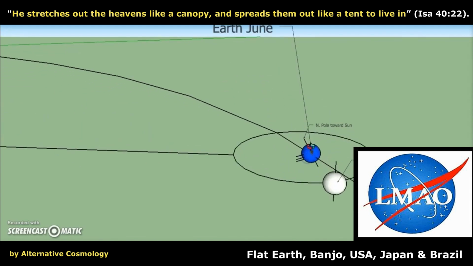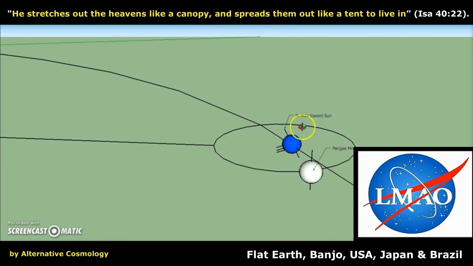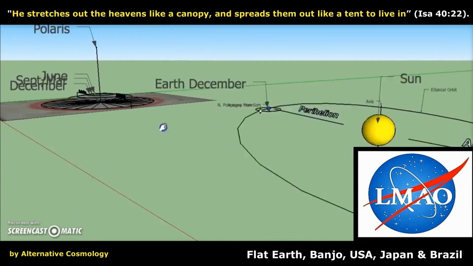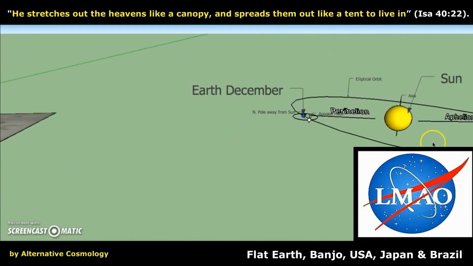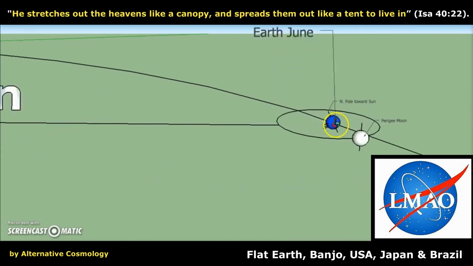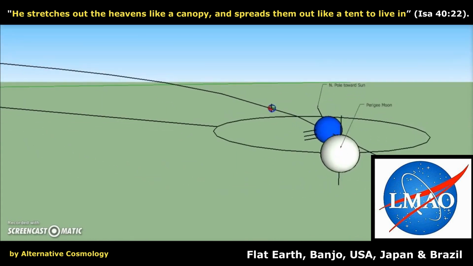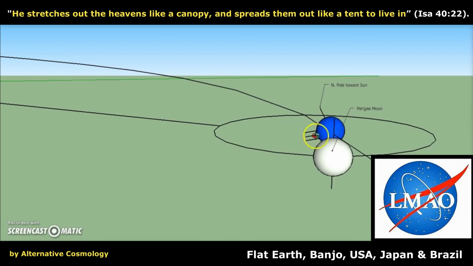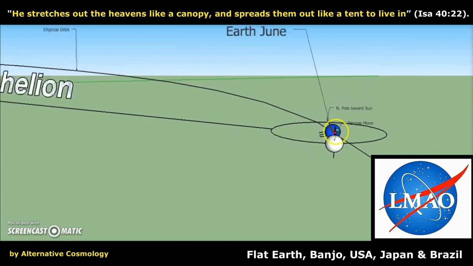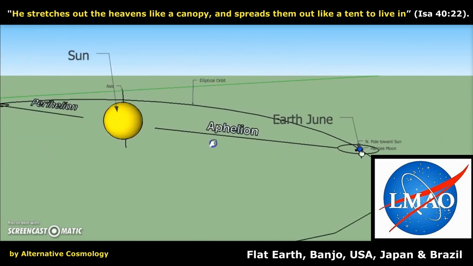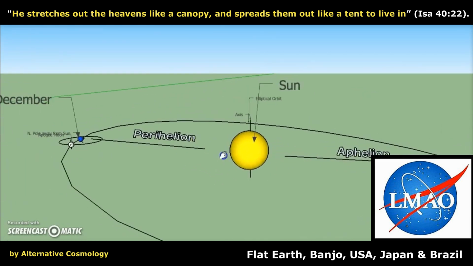And the reason for that is because the Earth is, in this model, tilted on its axis 23.4 degrees toward the sun, and its tropics, which are these three lines right here, face downward. So sunlight hits the northern tropic of Cancer, lighting up the northern hemisphere, giving it summer in the northern hemisphere and winter in the southern hemisphere. So that's during June, when it's furthest from the sun, aphelion.